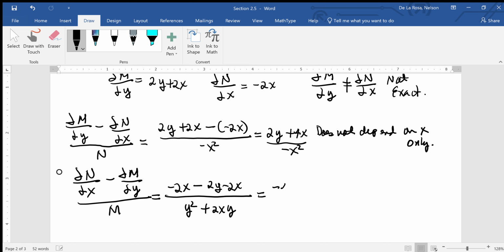Then we have negative 4x minus 2y divided by y squared plus 2xy.